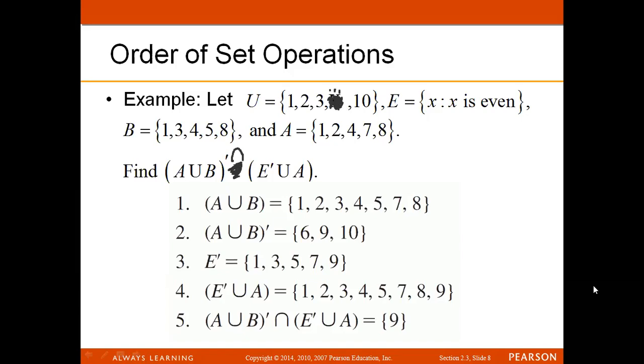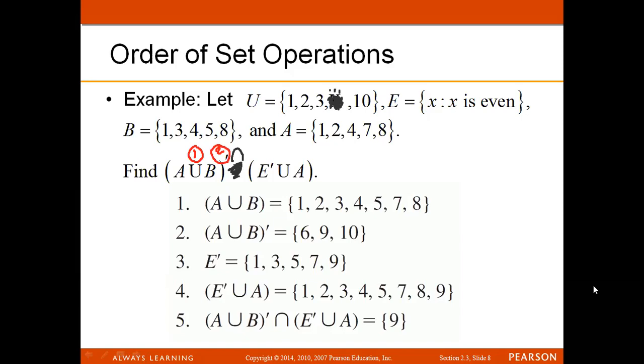And we have to follow steps in order to achieve this. So the first thing that we can do is union set A and B. And then we can take the complement.